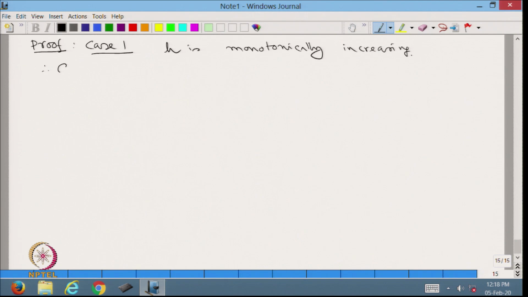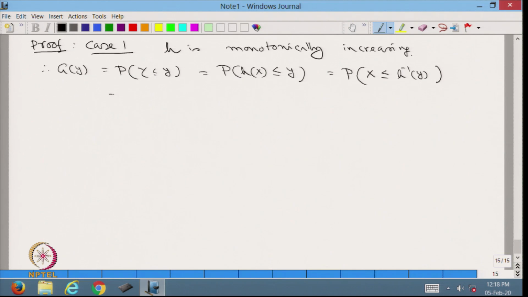Therefore, g of y is equal to probability Y less than or equal to y, is equal to probability h of X less than or equal to y, is equal to probability X less than or equal to h inverse y, is equal to F at h inverse y.